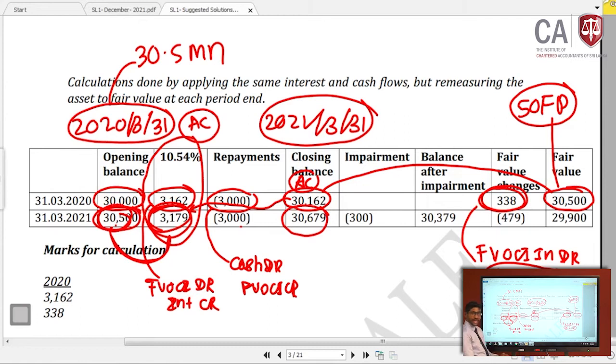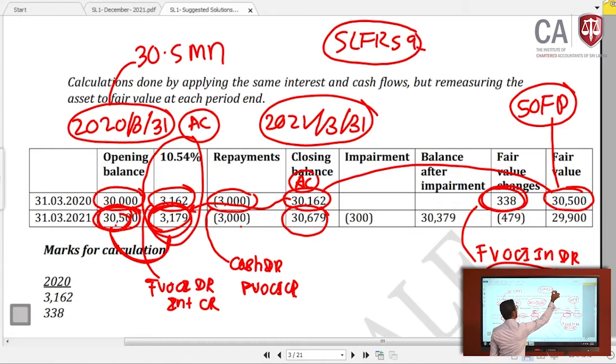Now we have an impairment. So I think you all can remember, student, in SLFRS 9 there is a requirement for ECL, right?